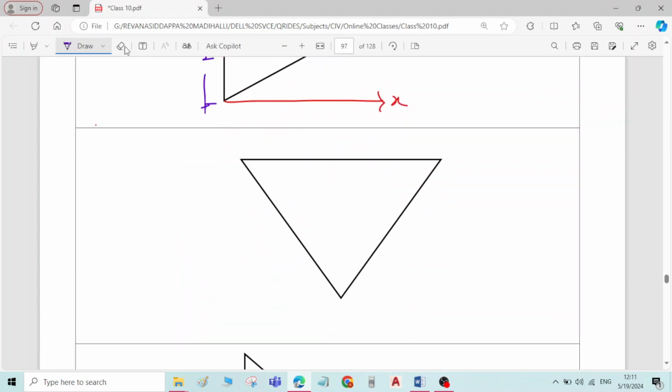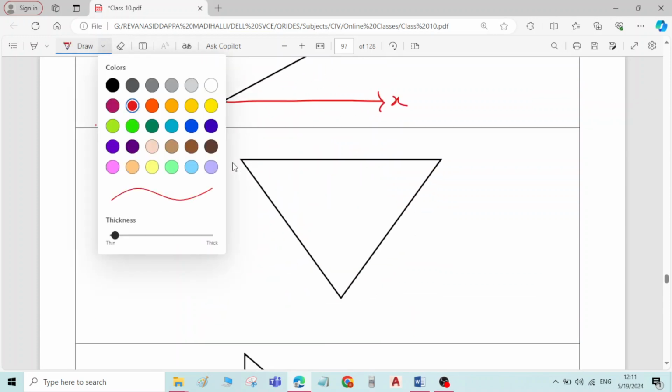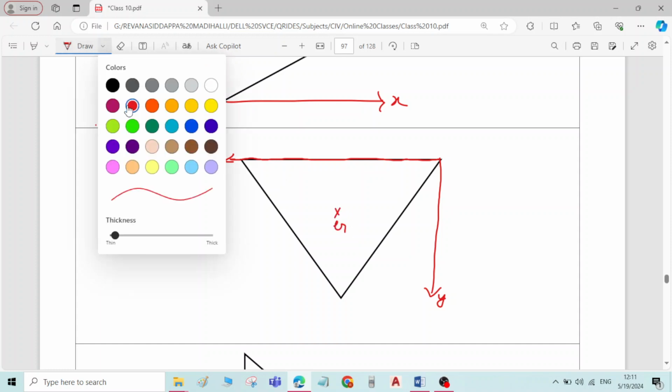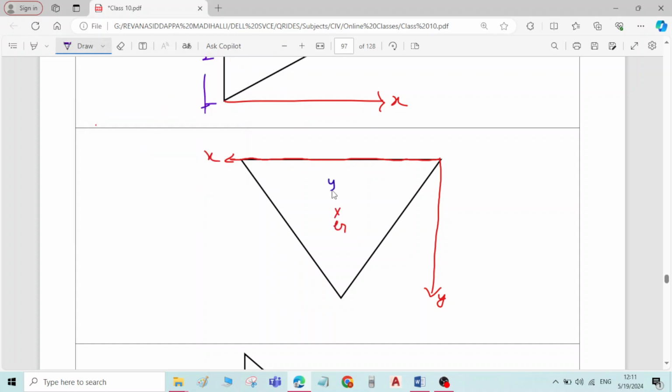Now for this triangle, I'll take the reference y axis and reference x axis like this. If G is the centroid, what will be the formula for x bar and y bar? This is the third quadrant. In the third quadrant, both x and y are negative, so y bar is equal to minus h by 3 and x bar is equal to minus b by 2.